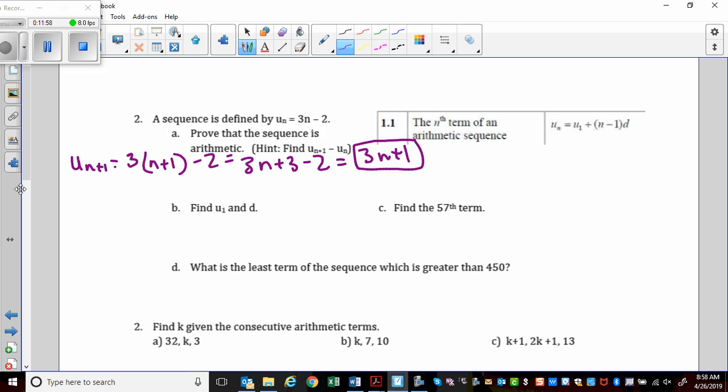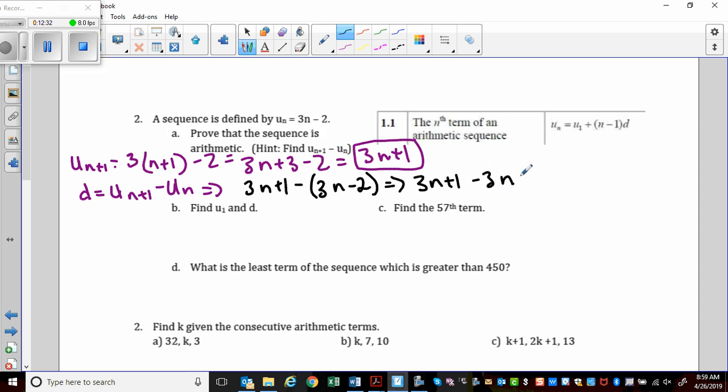And then the difference is u sub n plus 1 minus u sub n. And we already have u sub n, so let's just find out what this is. 3n plus 1 minus the original, but you've got to use your parentheses and make sure you distribute that minus. 3n minus 2, which gives me 3n plus 1 minus 3n plus 2.